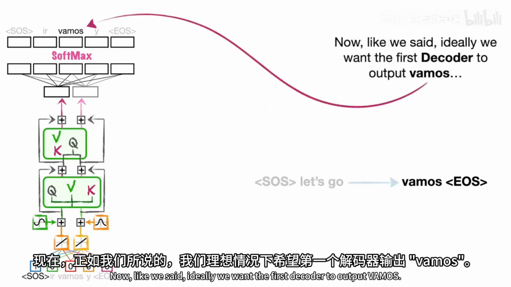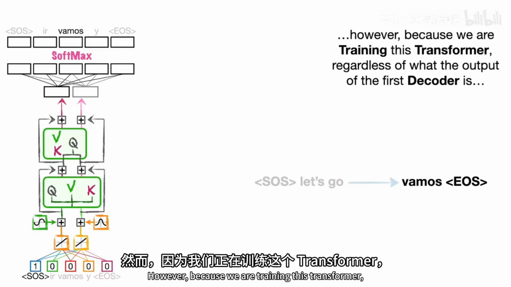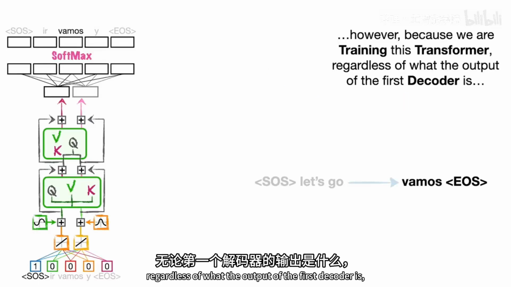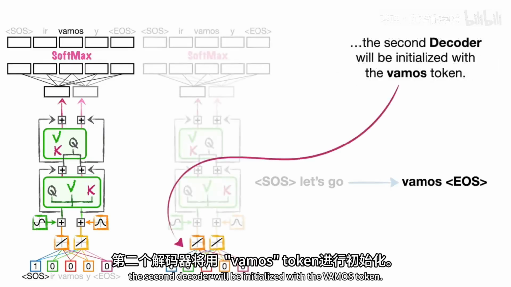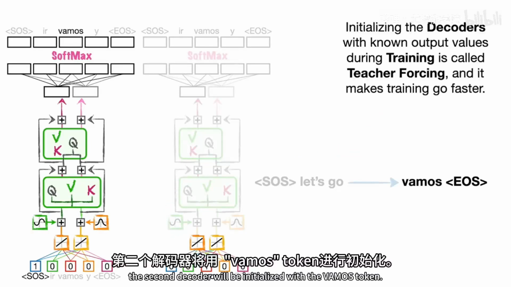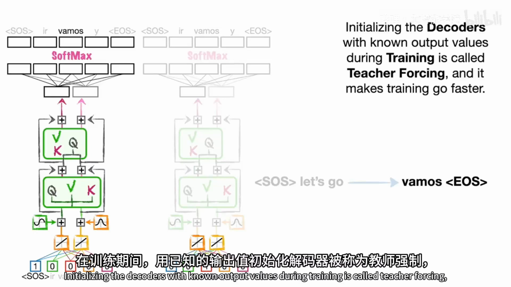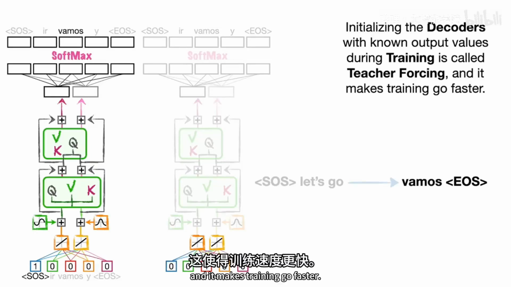Now, like we said, ideally we want the first decoder to output Vamos. However, because we are training this transformer, regardless of what the output of the first decoder is, the second decoder will be initialized with the Vamos token. Initializing the decoders with known output values during training is called teacher forcing, and it makes training go faster.